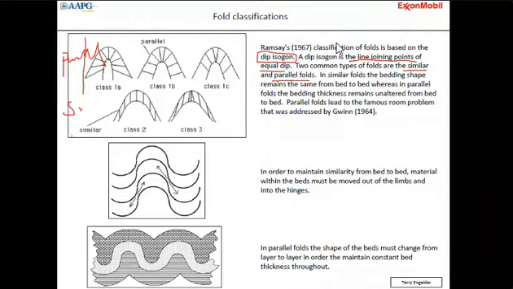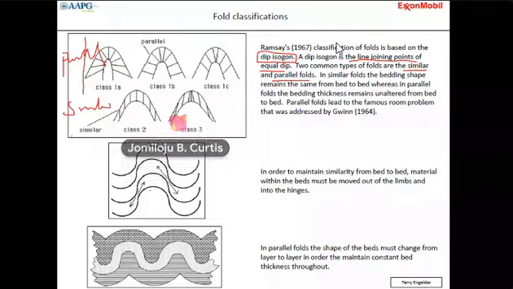They are called parallel or similar folds because in similar folds, the bedding shape remains the same from bed to bed. Can you see this shape here? Yes, sir. The shape is consistent from bed to bed.